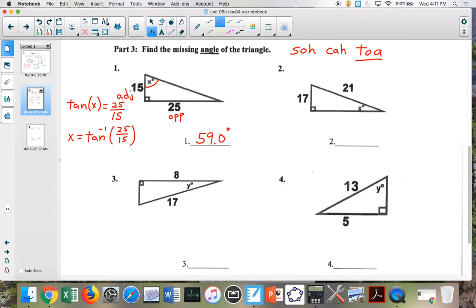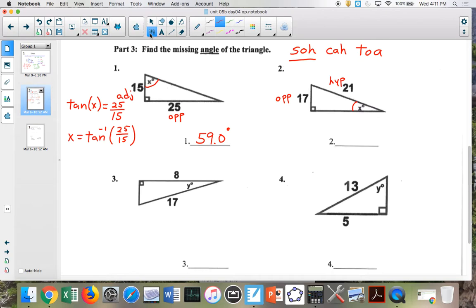All right, let's do number 2. In this one, we want to find the angle again, which is marked x. So we're going to label our sides. 17 is the opposite side. 21 is the hypotenuse. So which one of the trig functions uses opposite and hypotenuse? That would be the sine function.